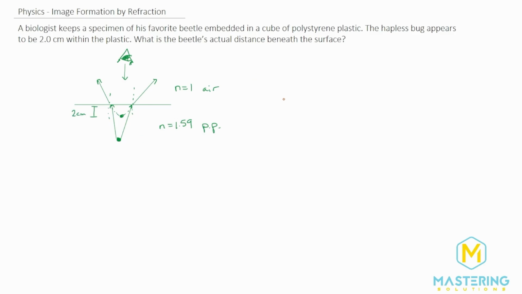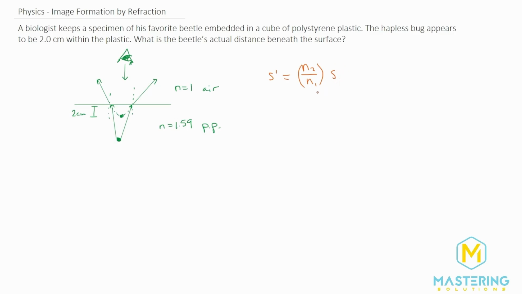The equation that we'll be using to solve for this is given in the book, and it comes from Snell's law. They show the derivation in the book, but the equation is the image distance, S prime, is equal to N2 divided by N1 times the object distance, S. Now, this is what we're actually trying to solve for, right?